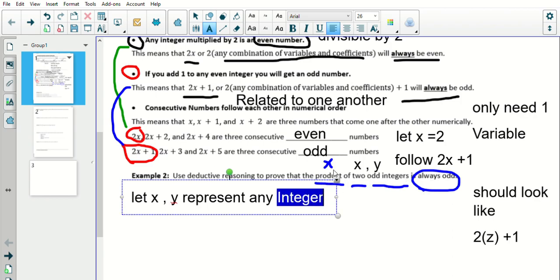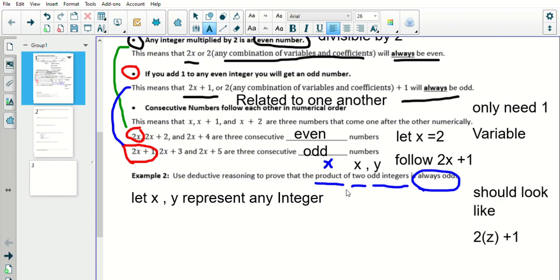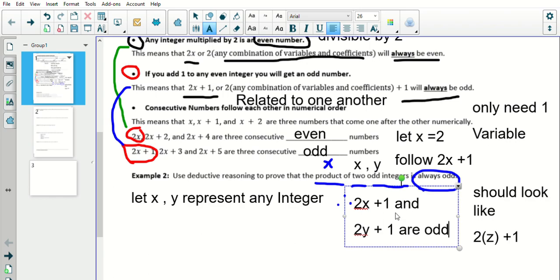And because of that, we can say, and I use this as a kind of bridge, therefore, 2x plus 1 and 2y plus 1 are odd. Okay, which is true. We need to have odd integers.